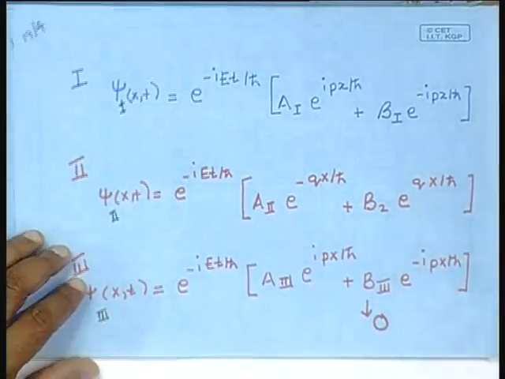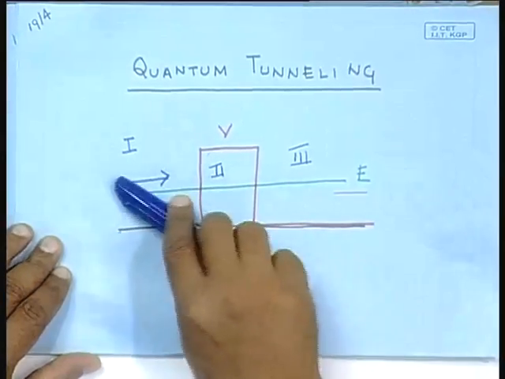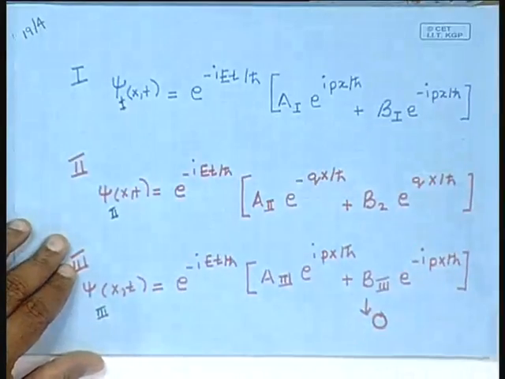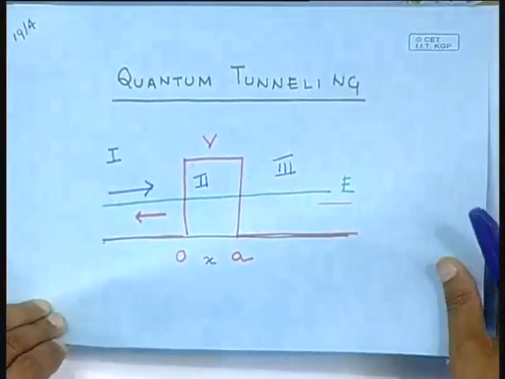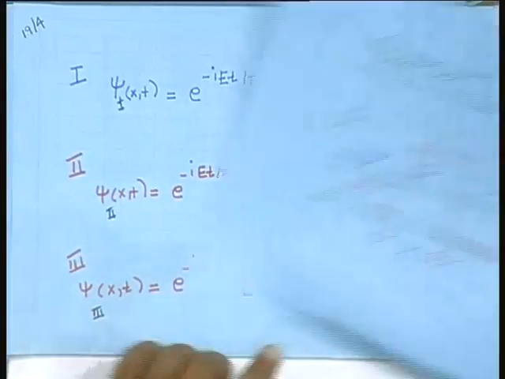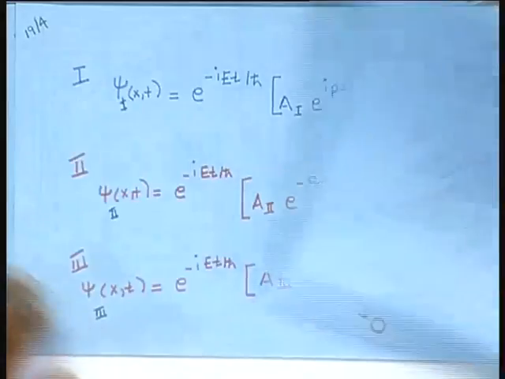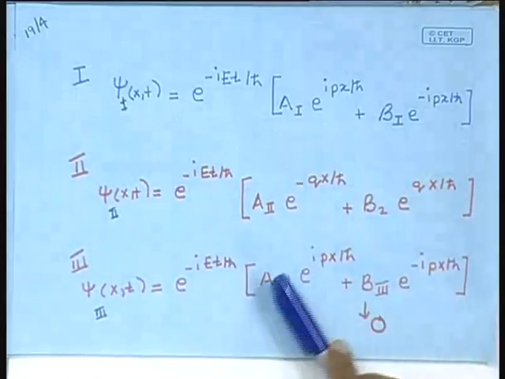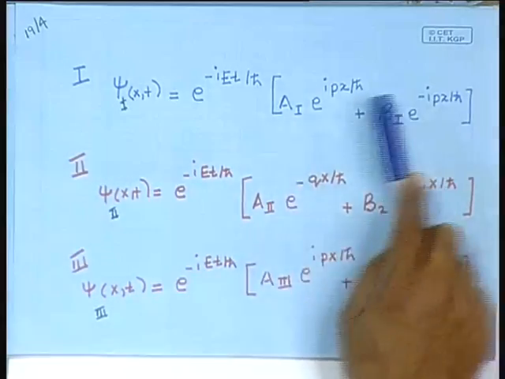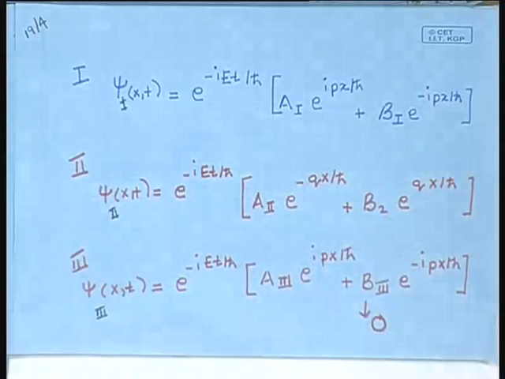So, A1 represents the particle coming in, B1 represents the reflected particle, and A3 represents the particle which comes out on this side, and A1, B1 and A3 are the amplitudes of these corresponding waves. Now, remember how to convert amplitudes into probabilities. The probability is the modulus of the amplitude squared.